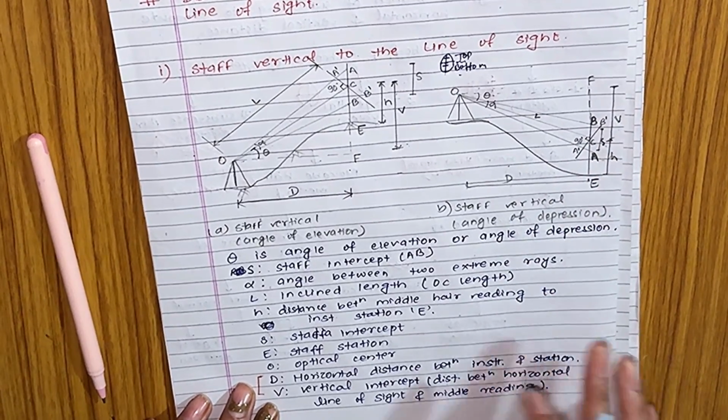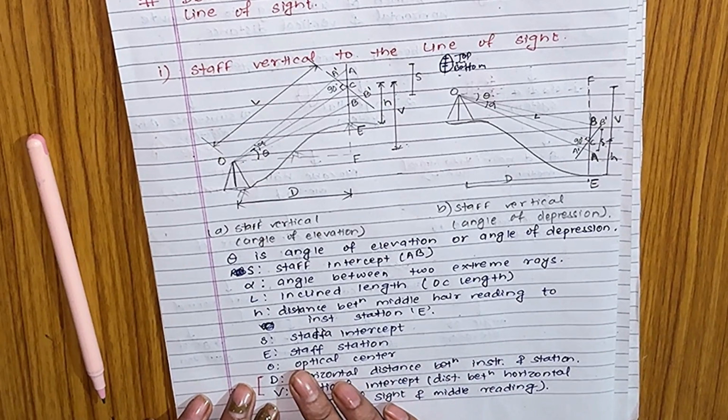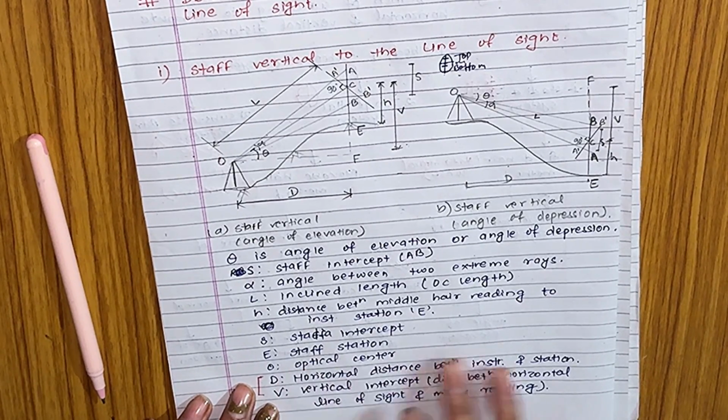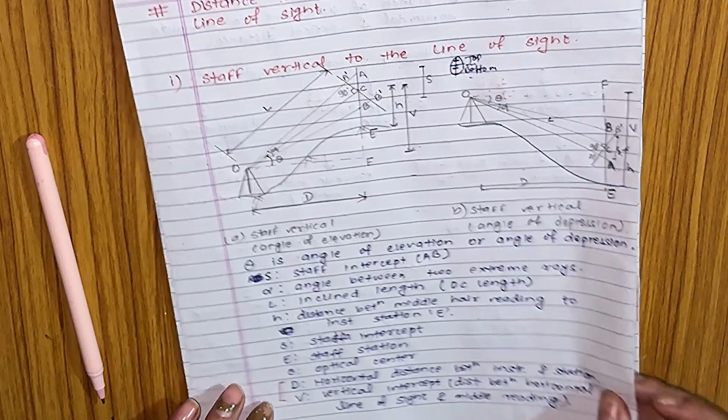So now we are going to derive the formula for the horizontal and the vertical distance and the elevation formula for the inclined line of sight.